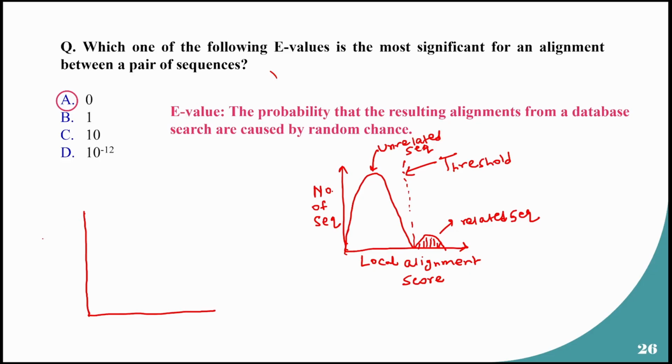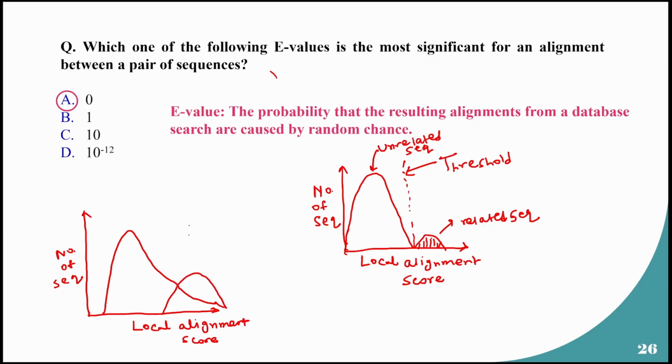So let's say here again we have the same thing: local alignment score, and again the number of sequences, right? So what you might see is something like this. Let's say this is one thing, and that is another one.